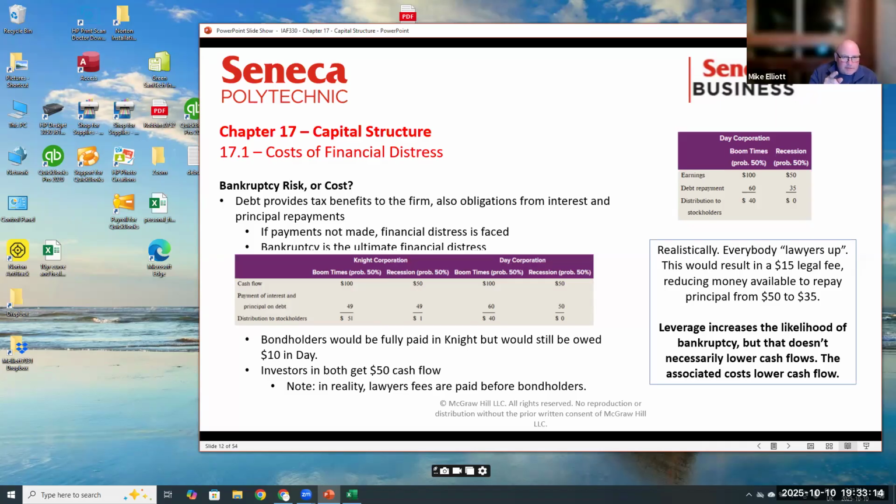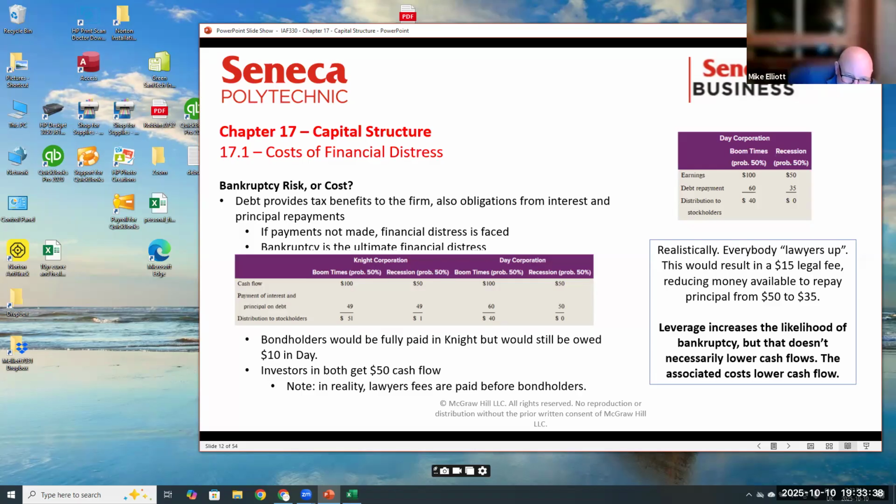Now, if we have a recession and we only have $50 in cash flow, we owe $60 principal and we don't have it. We can only pay $50. In that case, the bondholders are still owed $10. What happens?